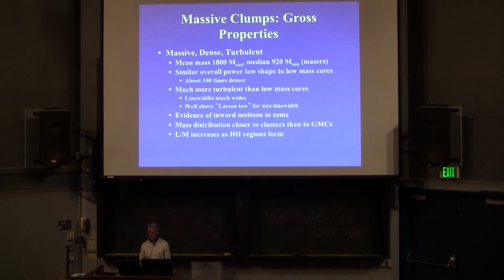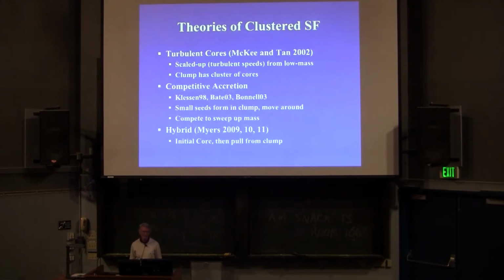They're much more turbulent, well above the Larson law. Some of them we have evidence for inward motion. The mass distribution is closer to clusters than the mass distribution of giant molecular clouds in general, and the luminosity to mass increases as the H2 regions form.